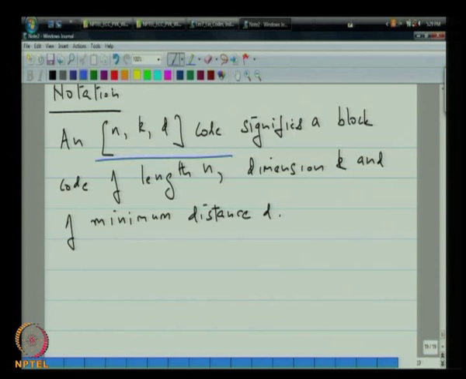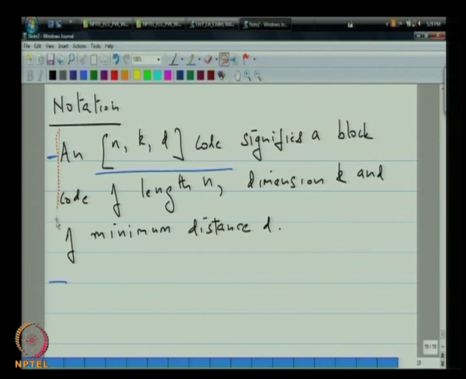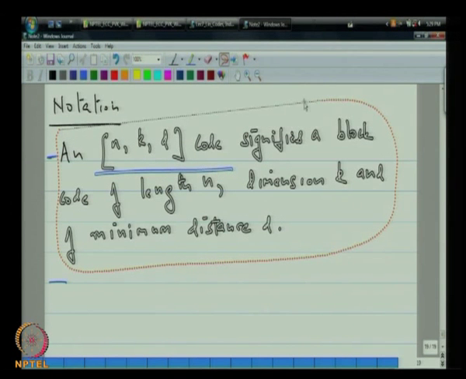So, that is 1. 2. Sometimes it may be that we do not know the minimum distance of the code, in which case we will simply write an [n, k] code. Let us make that note as well.